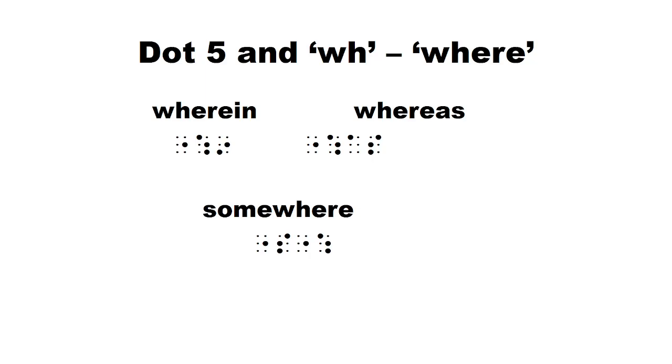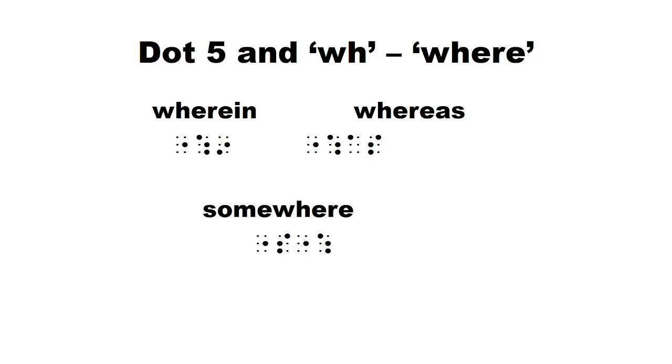So whereas, we still contract where, dot 5 WH, and we write the letters AS. Now we cannot use the contraction for us, which is letter Z, because the contraction for us is an initial letter contraction, and it has to follow the standing alone rule.